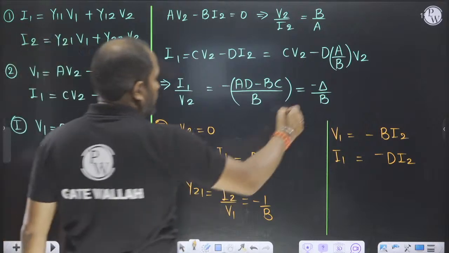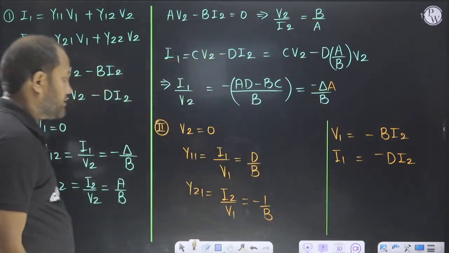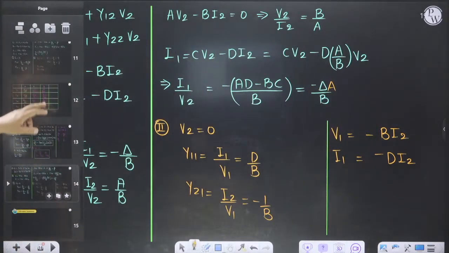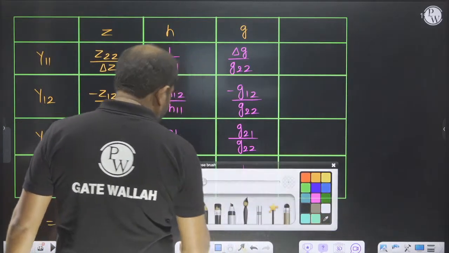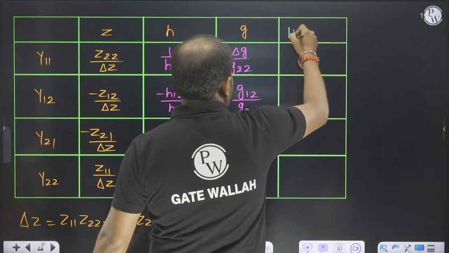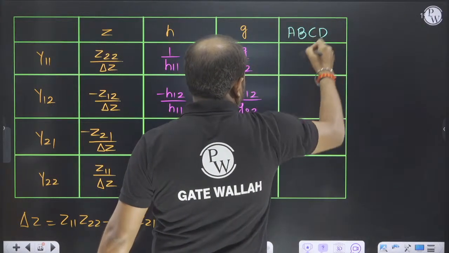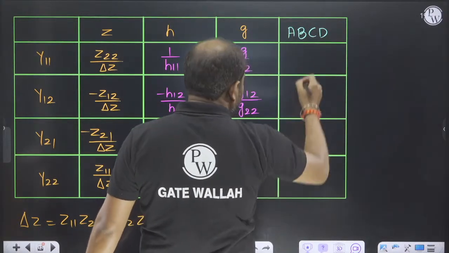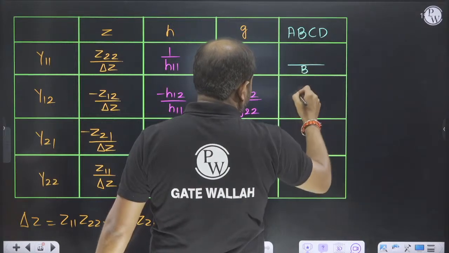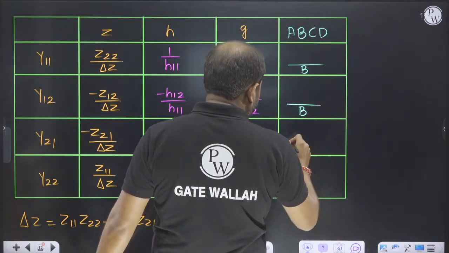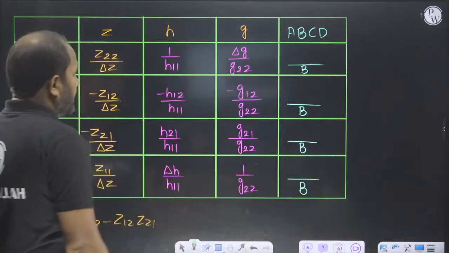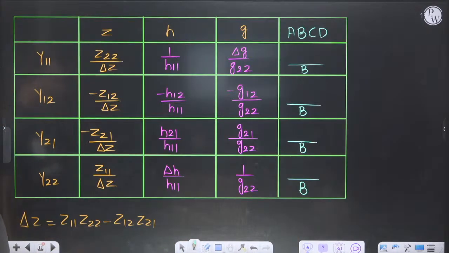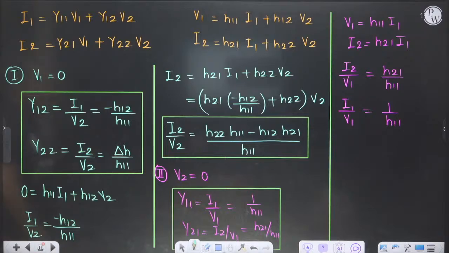So we have to find out these things. Our answer in terms of ABCD parameter will be: divide by B. This derivation is very tricky.